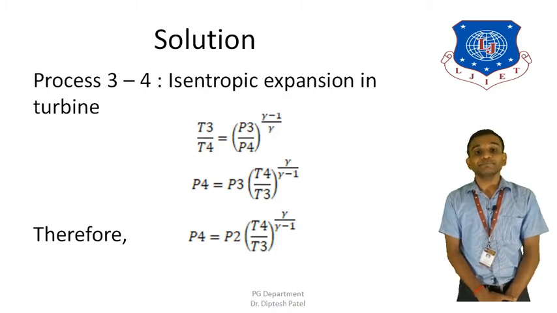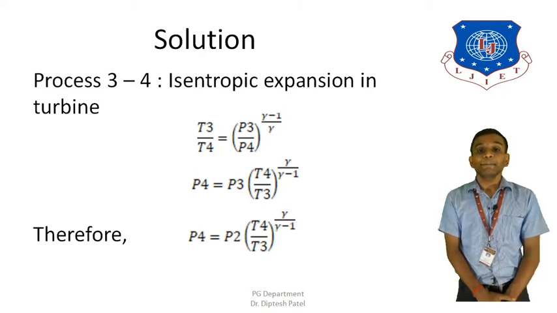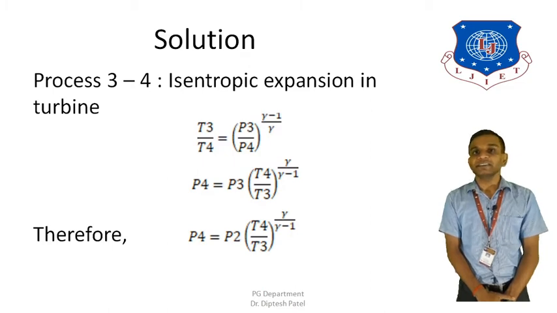So therefore I should be able to write down P4 is equal to P2 into T4 divided by T3 raised to gamma upon gamma minus 1, since the pressure at point 2 and pressure at point 3 are equal. So P2 is equal to P3. So I can easily replace P3 by P2.